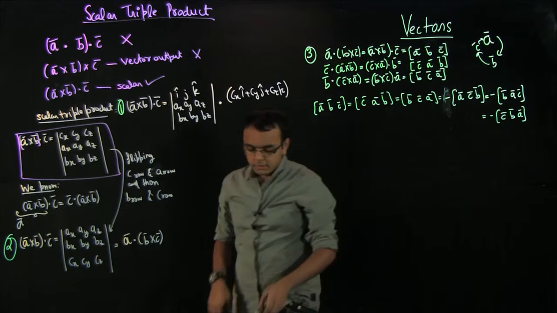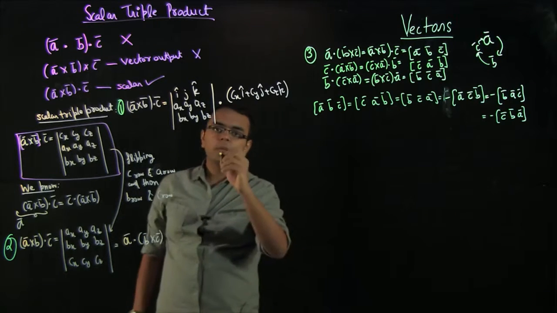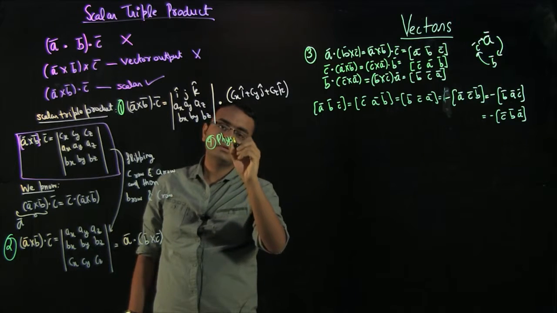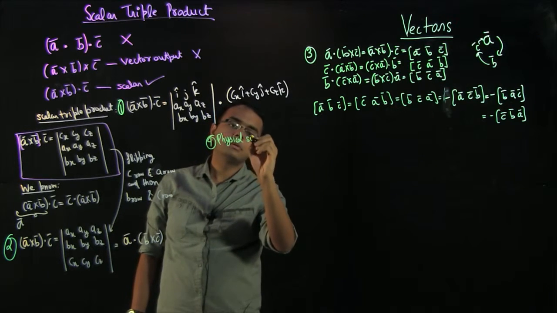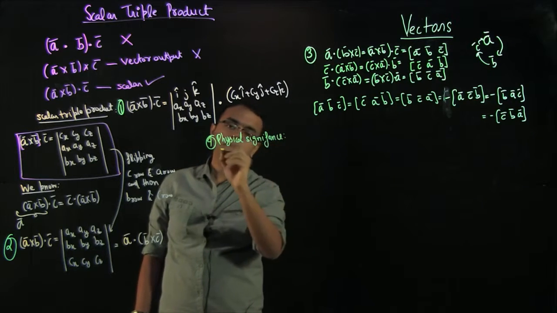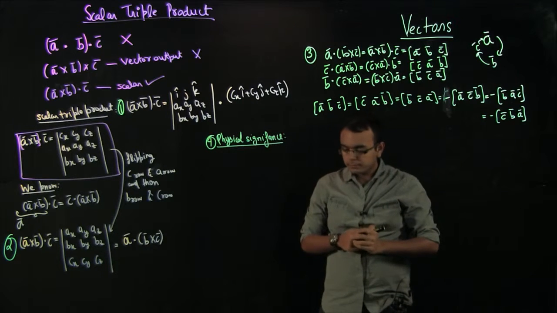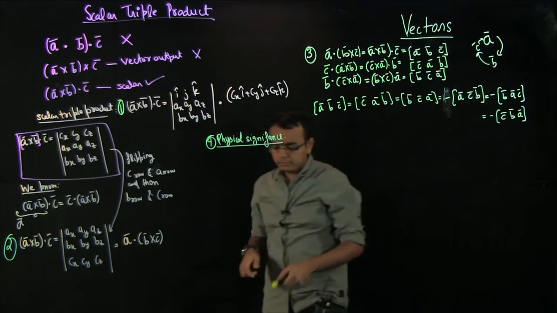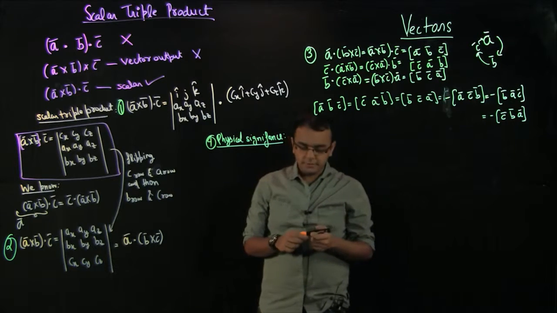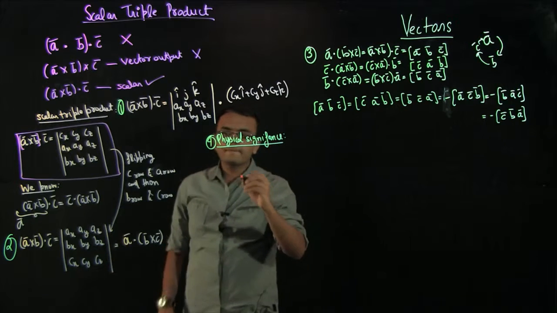Now, the next thing that I want to discuss, like all other products, is the physical significance. What is the physical significance of A cross B dot C?